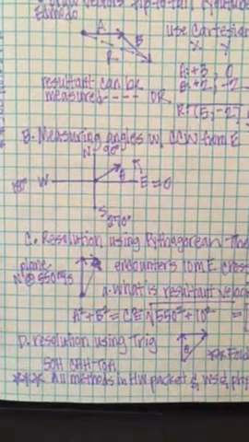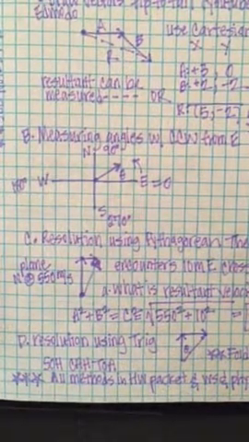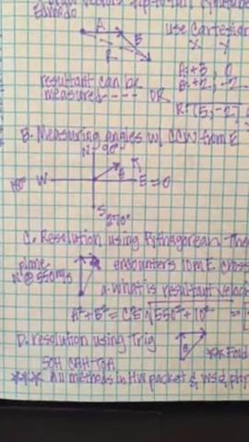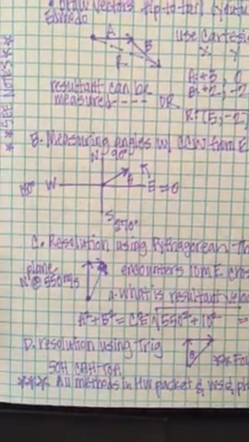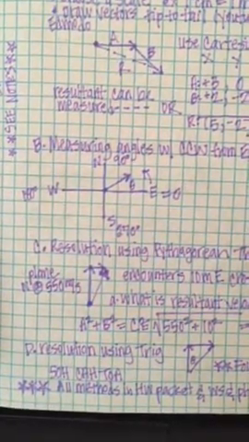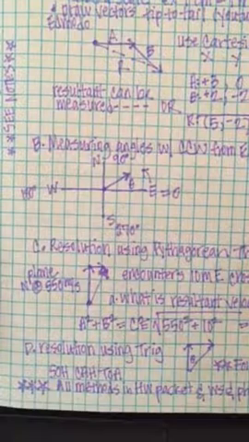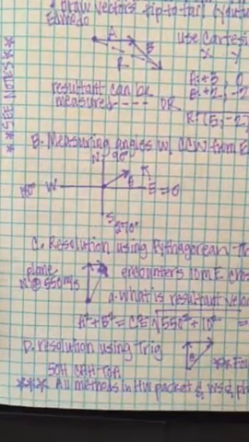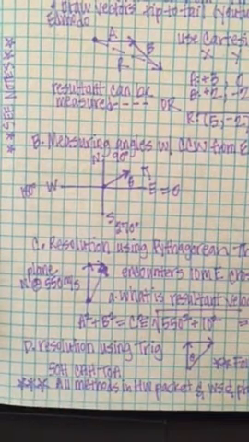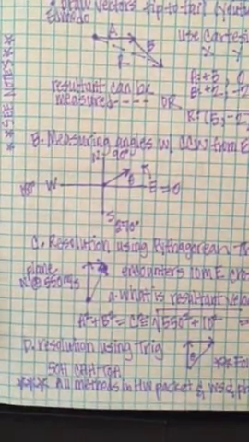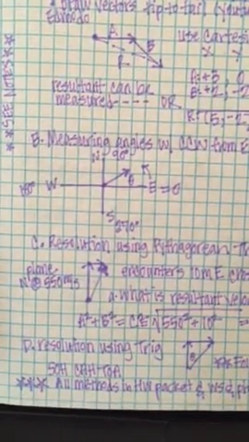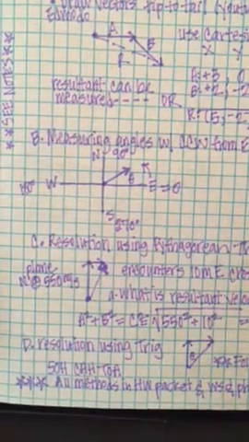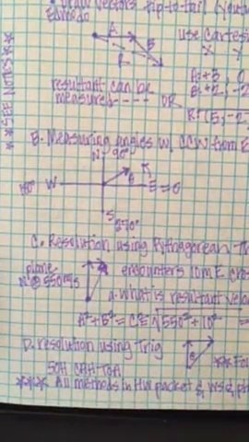If we have a vector, which is drawn there, and then we have angle theta, which is the Greek letter which looks like an O with a horizontal line through it, then what we do is we simply measure by putting a protractor on the origin of that vector and measure it counterclockwise from east.